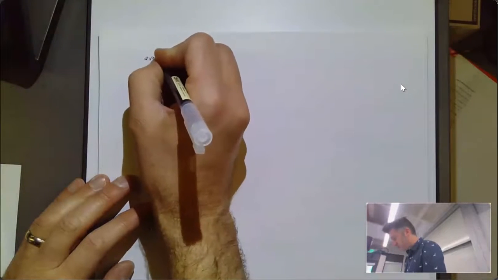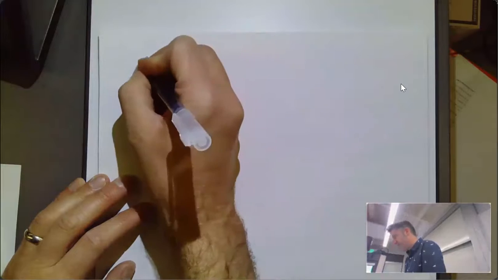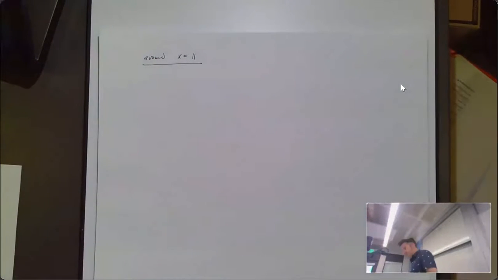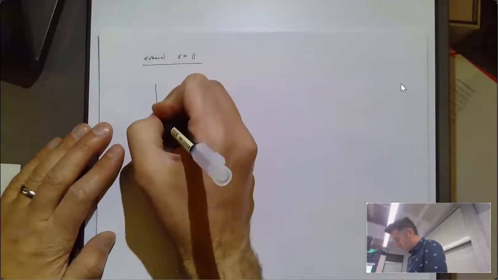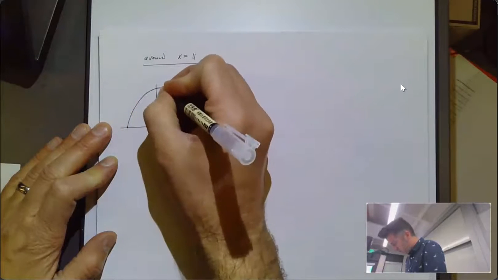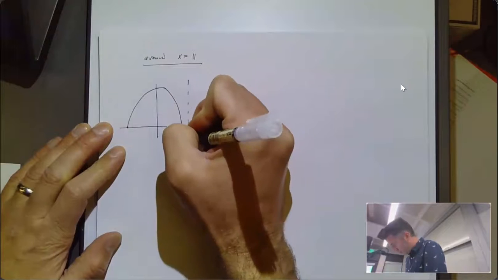Let's say we want to go around the line x equal to 11. So now this is going to be a little bit wonky. Still got the same good old region here. But now here's our axis of rotation.